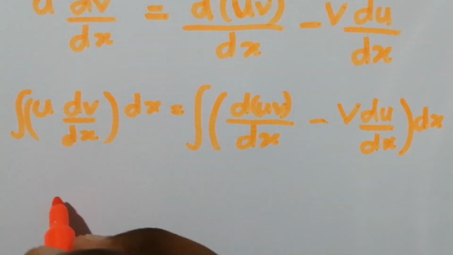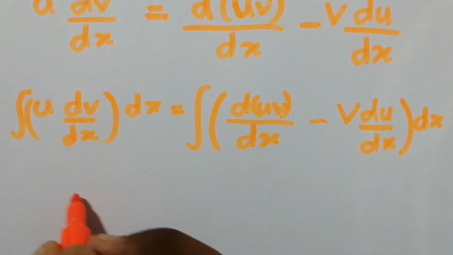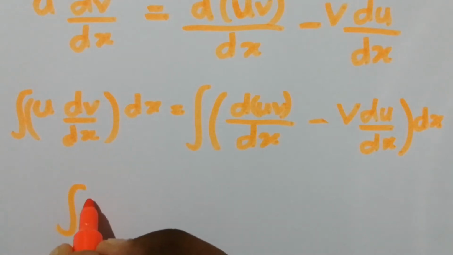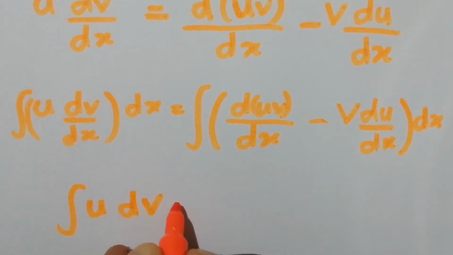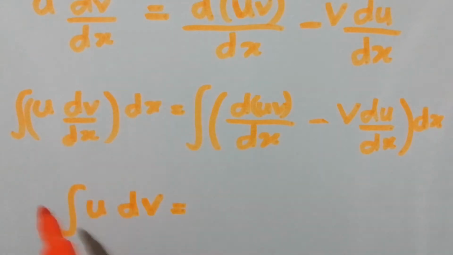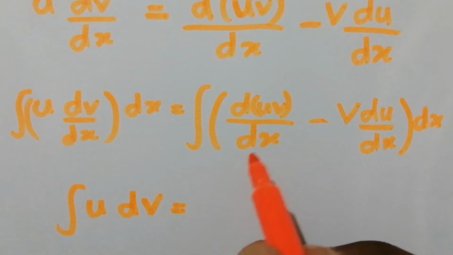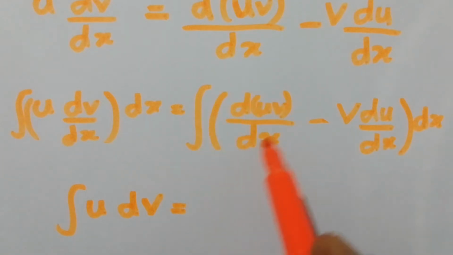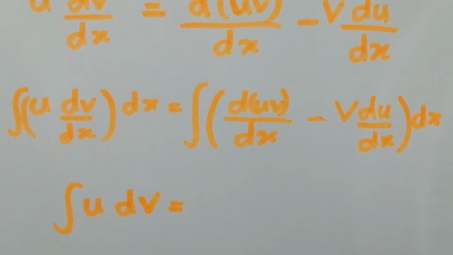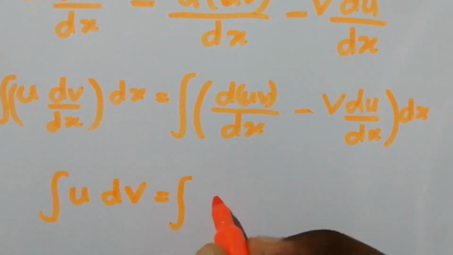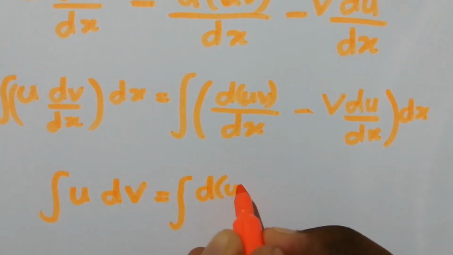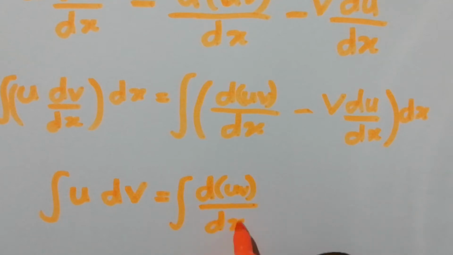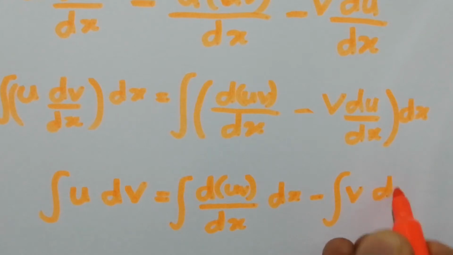Then here I can express this one as integral u dv. I can simplify this dx part. Similarly here, I can take this separately as integral d(uv) upon dx times dx minus integral v du upon dx times dx.